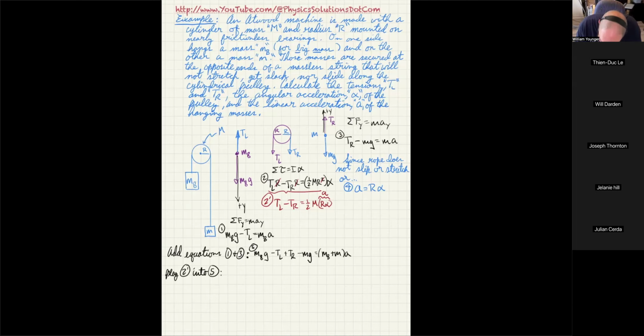I'm going to have MBG minus mg, and now I'm going to replace TR minus TL with negative 1 half big M times A, and then that's equal to MB plus M times A.